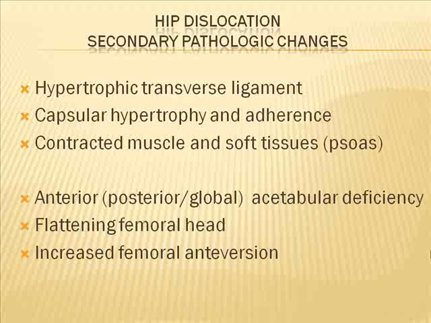On the bony side, usually there's an anterior acetabular deficiency. However, sometimes it's posterior or global, depending on how long the deformity has been there. And there's flattening of the femoral head because it's not in the socket and it's pushing against the ilium. And there's an increased femoral anteversion.